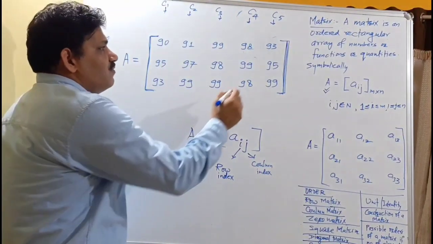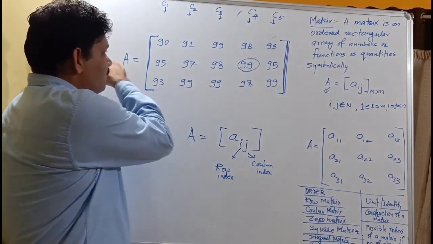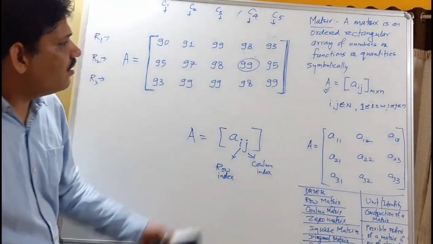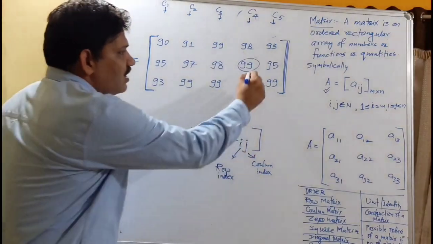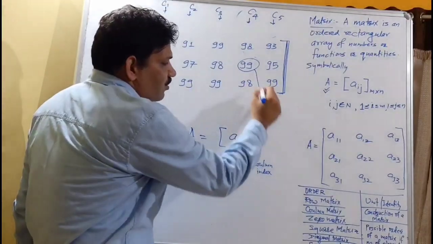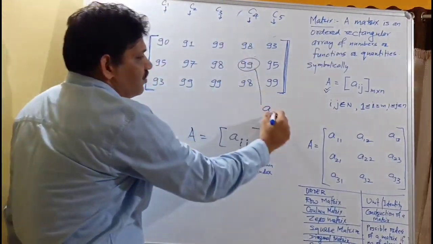First row, second column. Suppose I talk about this entry, which of course is in second row and fourth column.